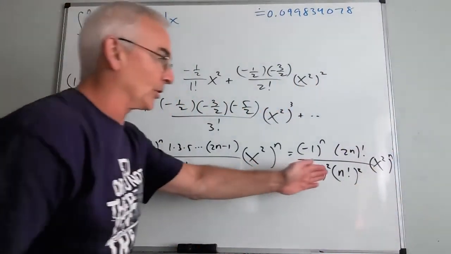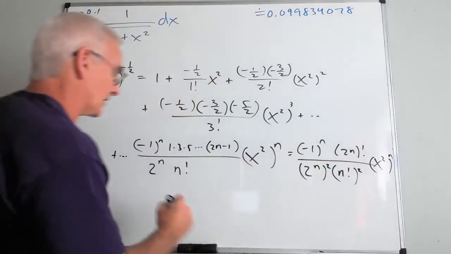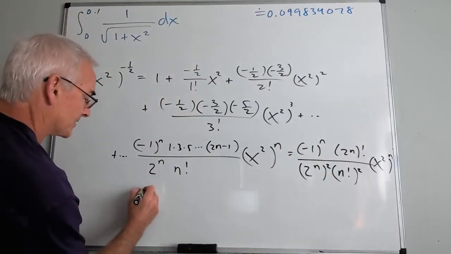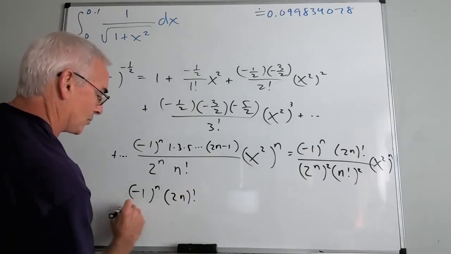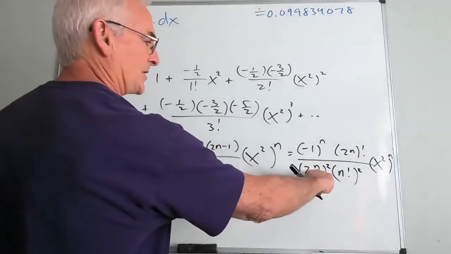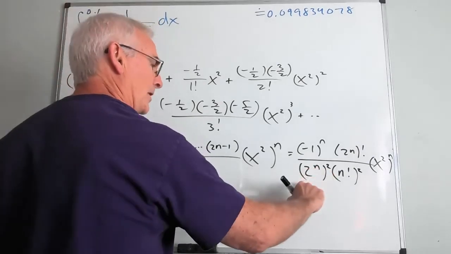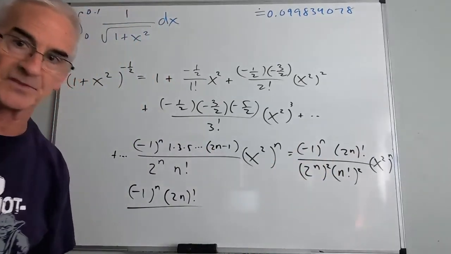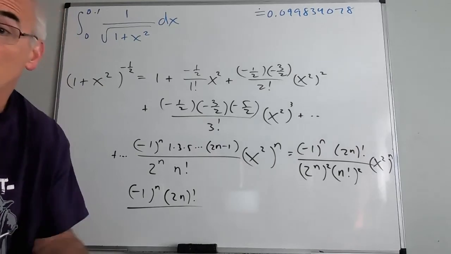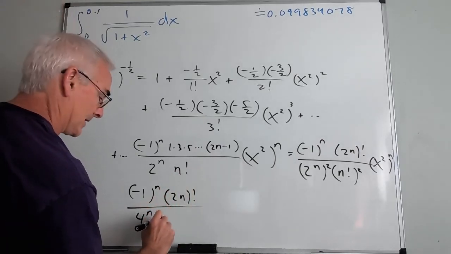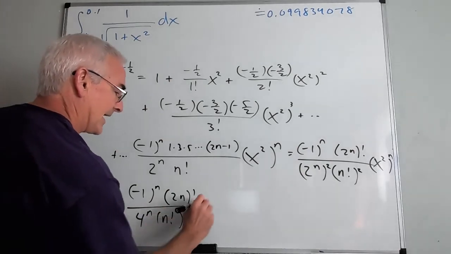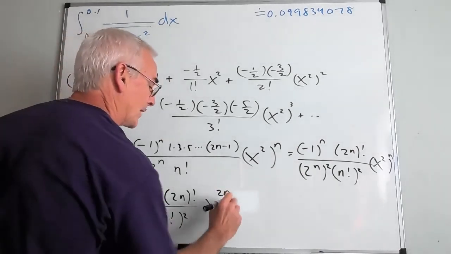This is the nth term. So I can clean this up a little bit, and finally that becomes -1 to the n, 2n factorial. If you want to do this, 2 to the 2n, or you could write it as 4 to the n. It really doesn't matter. It might be easier to write 4 to the n, okay? And then n factorial squared. And that last thing would be x to the 2n.